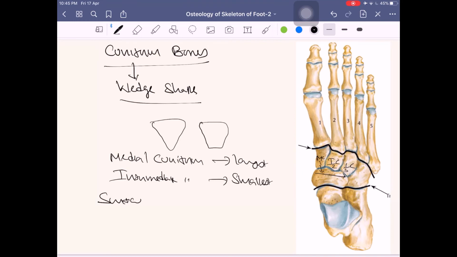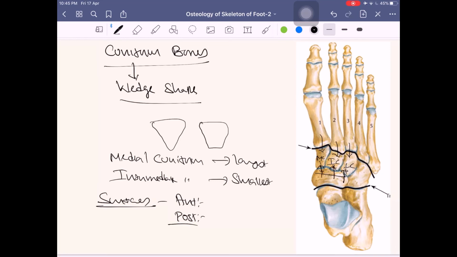And their surfaces: you have an anterior or proximal surface, which is this surface, then a posterior distal surface.